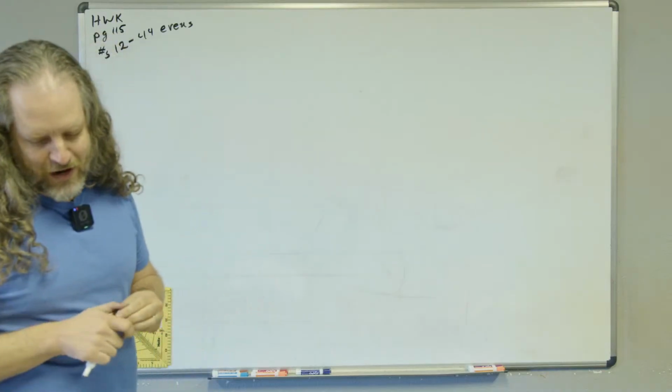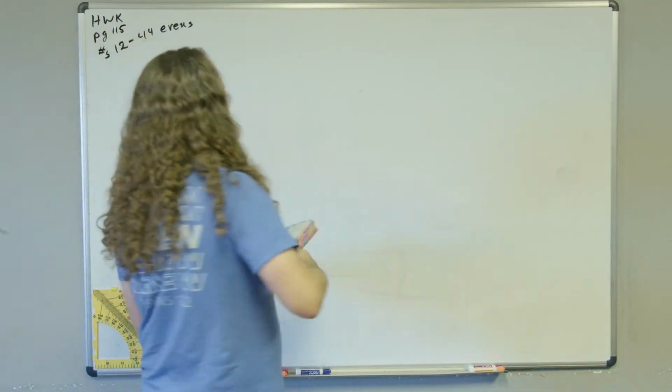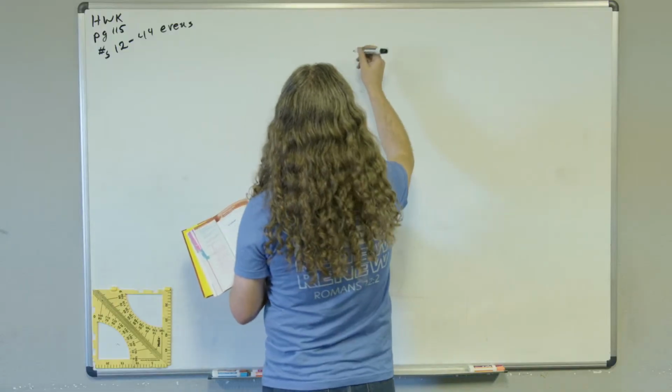If you want to know how many or what possible rational zeros there are, you have to factor some stuff.